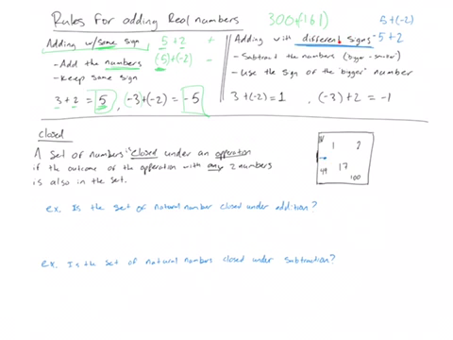So since they're different signs, we're going to subtract the numbers. And for simplicity's sake, I would say the bigger minus the smaller. Whenever I say bigger minus smaller, I'm actually talking about the absolute value of those numbers, because notice here, 2 is actually bigger than negative 5 because it's further right on the number line.